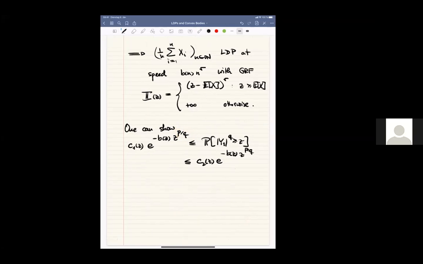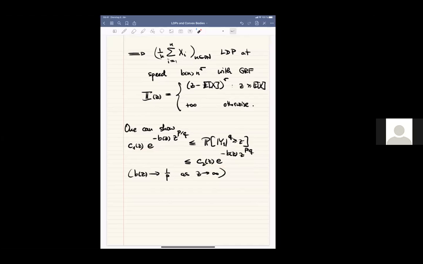One can show that b of z tends to 1 over p as z tends to infinity. If you do the computations, our random variables, which do not have finite exponential moments, still satisfy this condition with nice functions.